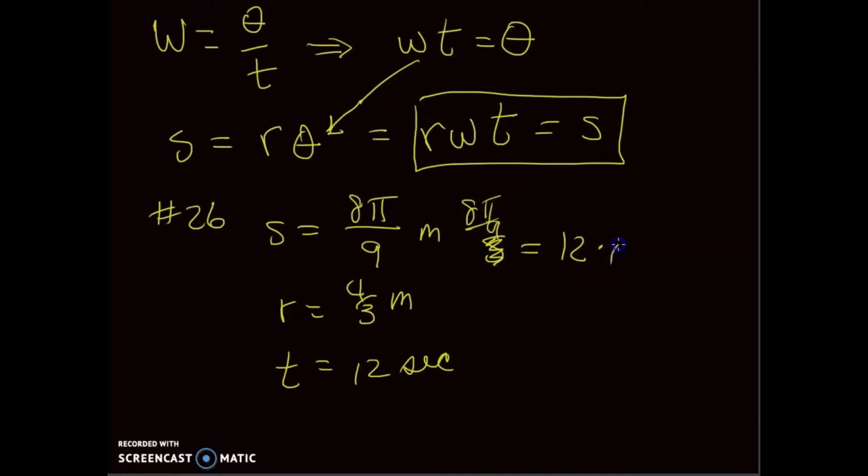T is 12 seconds. R is 4/3 of a meter. So these are meter seconds. But of course, omega is in here also, which we don't know.